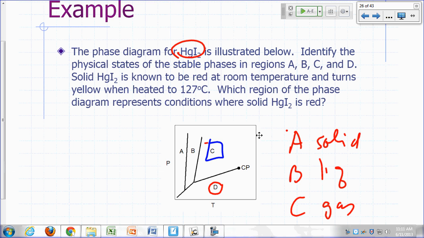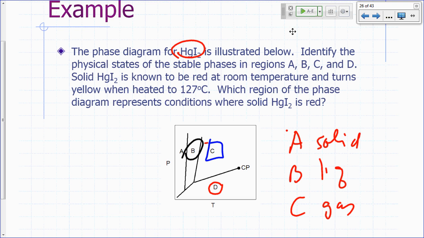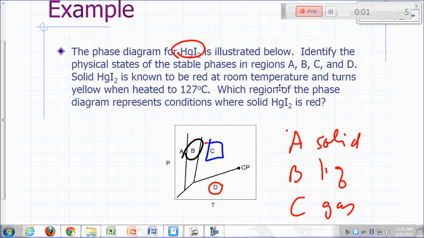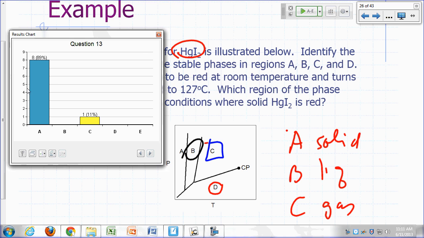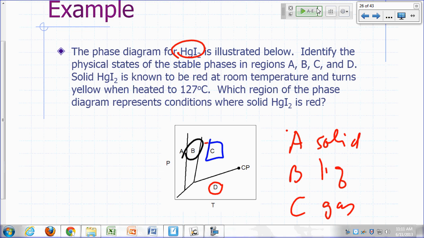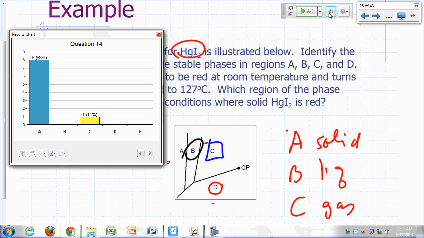Point B, solid, liquid, or gas? That would be a solid. Okay. And point A, solid, liquid, or gas? Also a solid.